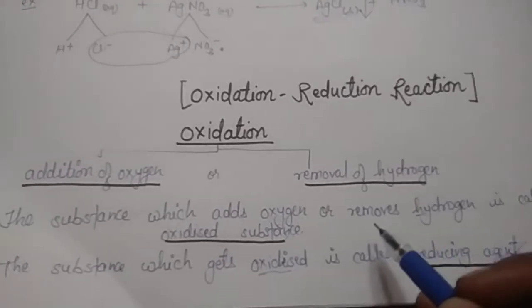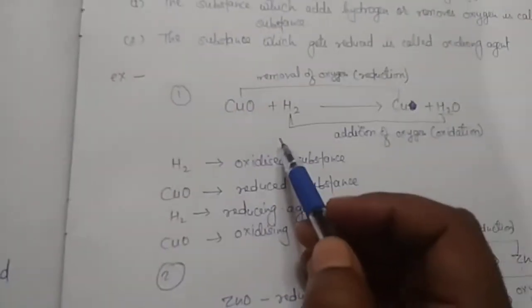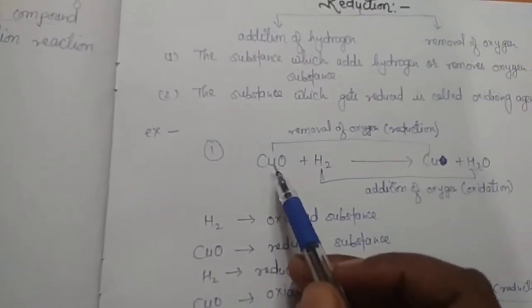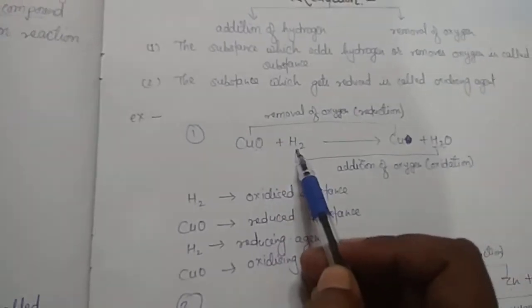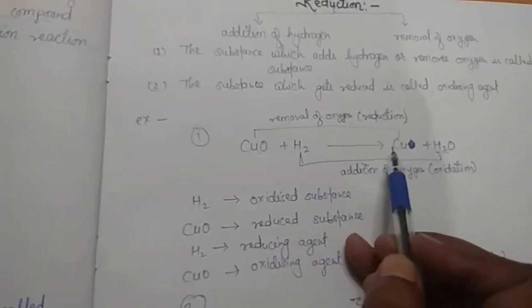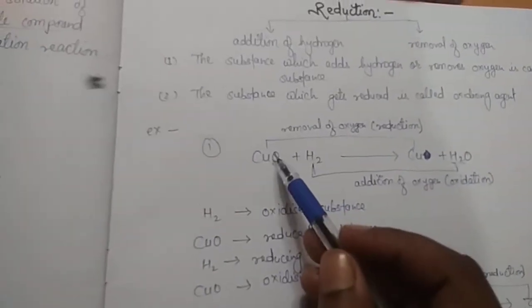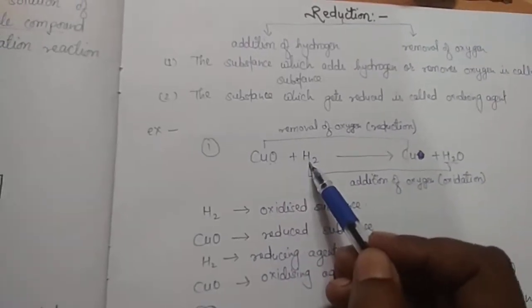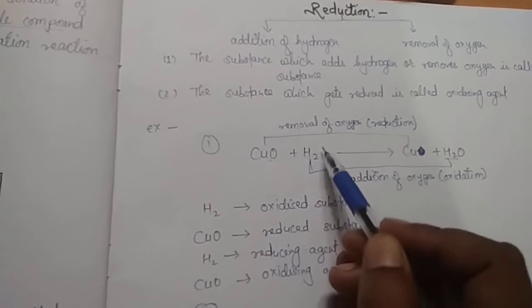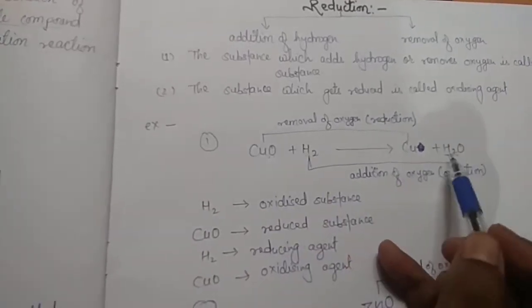We can understand with the help of an example. For example, suppose this is copper oxide, children, and this is hydrogen. When they combine, they produce copper plus water. So here copper oxide gets converted into copper, and hydrogen, see children, when it combines, adds oxygen and forms water.